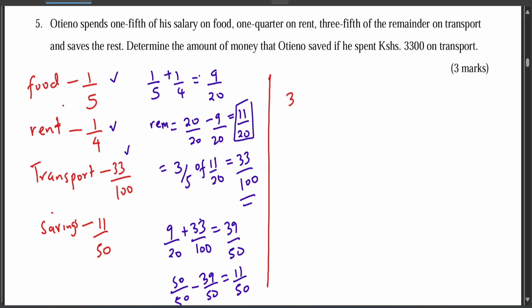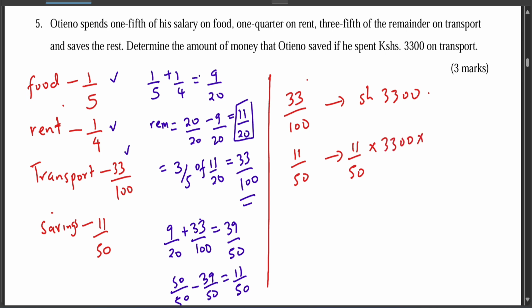So the transport, to me, at 33 out of 100, represents the 3,300 shillings. Okay. Now, how much money will he have saved? So what's the fraction for the saving? It's 11 out of 50. So ask yourself how much will equate to 11 out of 50. So take 11 out of 50, multiply by 3,300, then multiply by the reciprocal of this one, because since it's division, you change it to multiplication and you reciprocate the fraction.